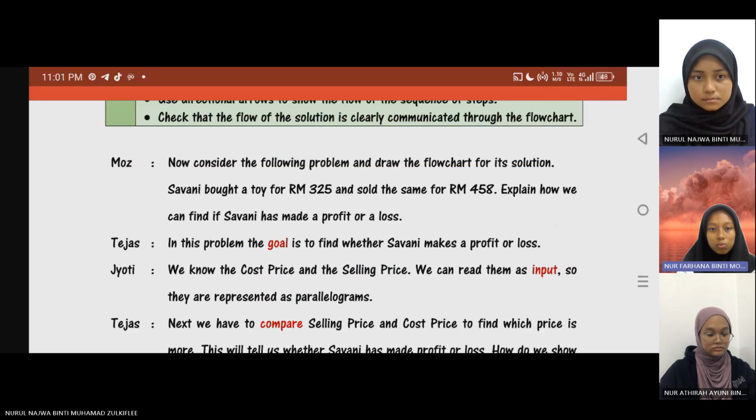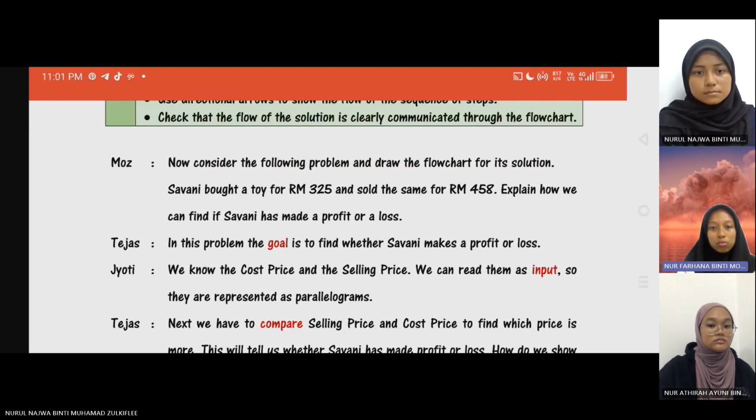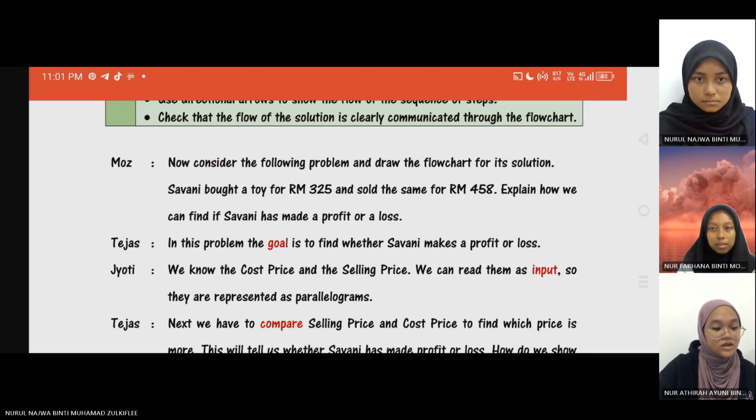Now consider the following problem and draw the flowchart for its solution. Savani bought a toy for RM325 and sold the same for RM458. Explain how we can find if Savani has made a profit or a loss. In this problem, the goal is to find whether Savani makes a profit or loss.